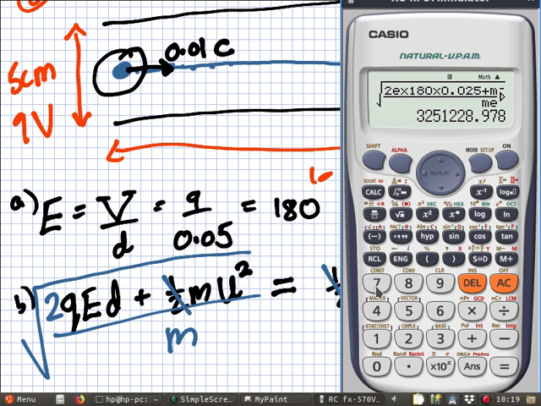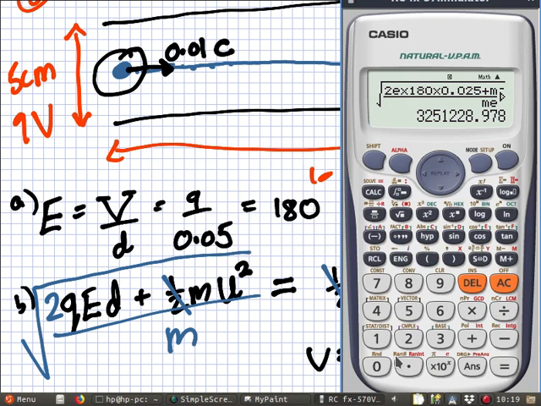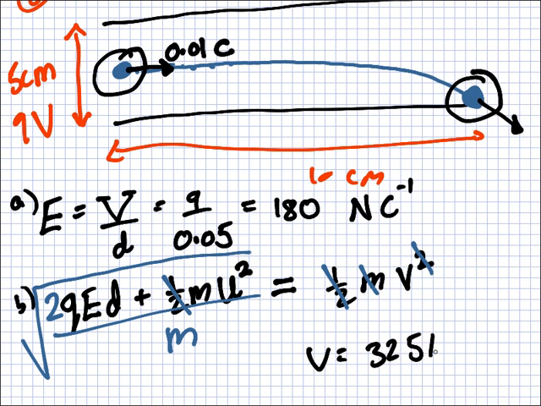So, 3251229 is the V here. 3251229 meters per second. Can I continue? Yeah? Can I do the last part?